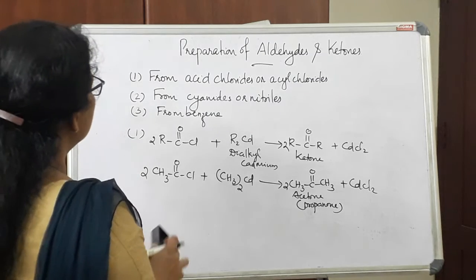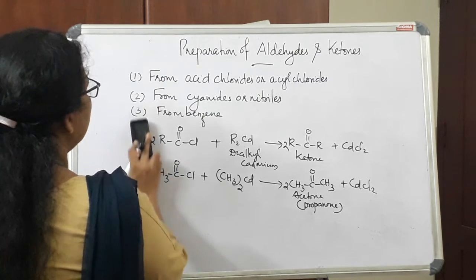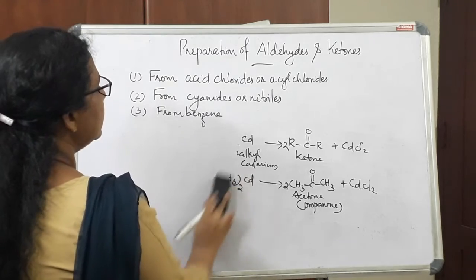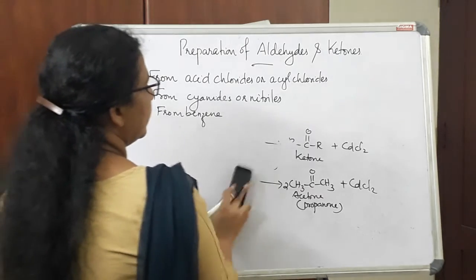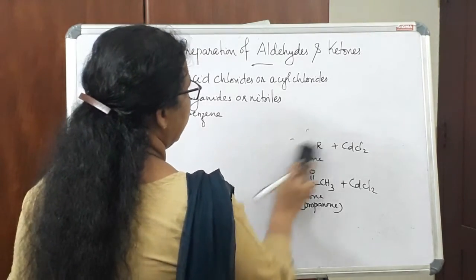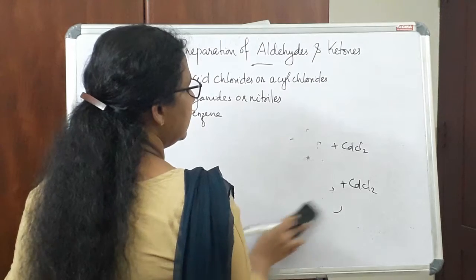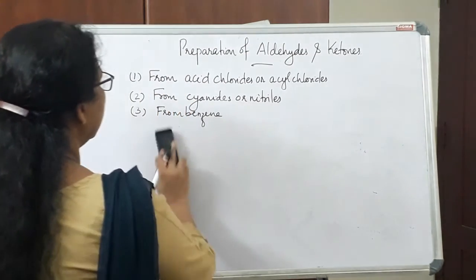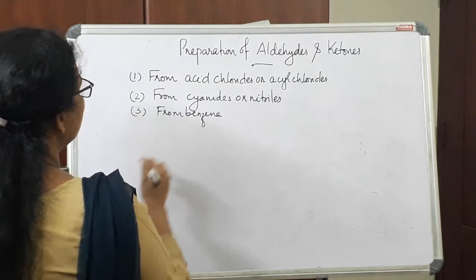Now let's see the second method, that is from cyanides or nitriles. Here we use the reagent Grignard reagent. So Grignard reagent is RMgX, we know that.